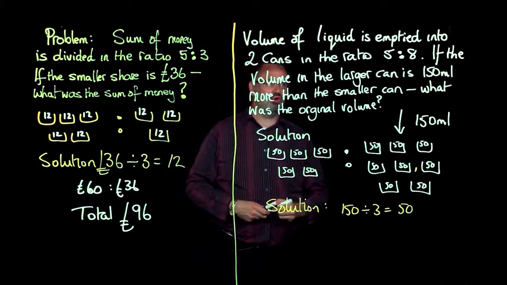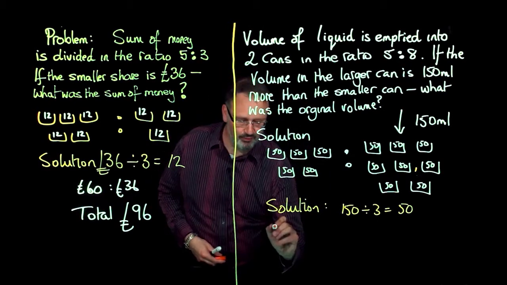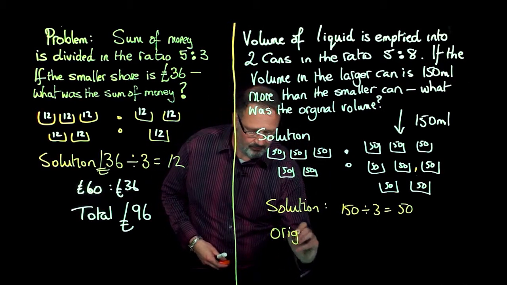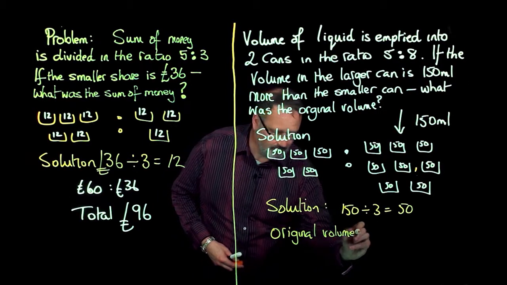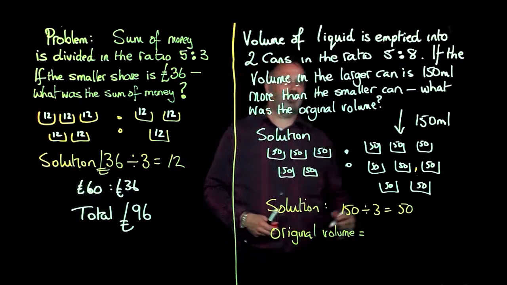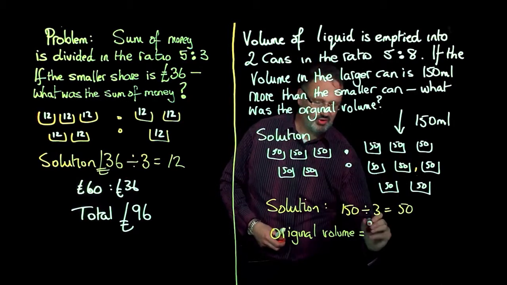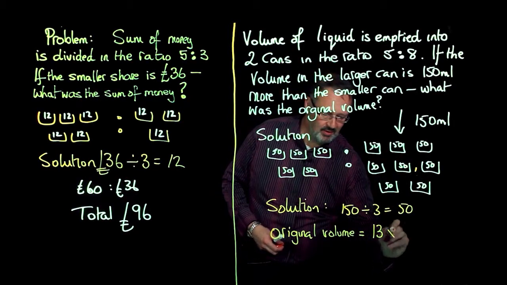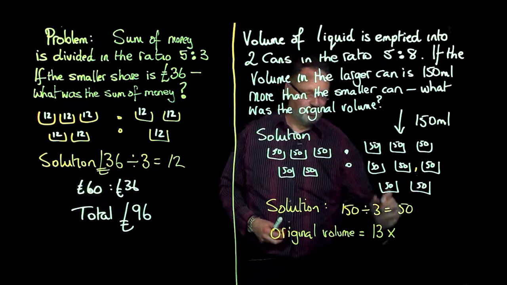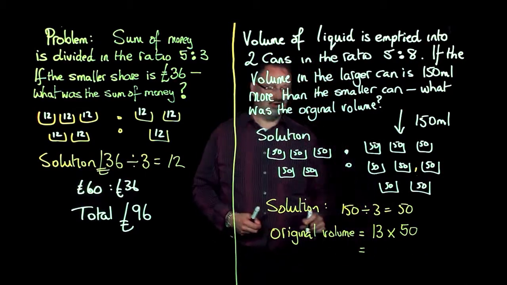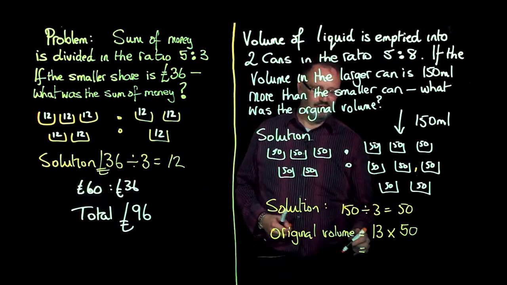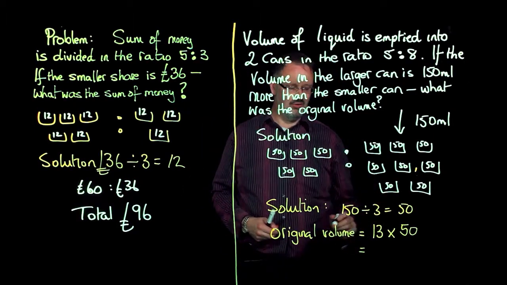And so my total volume, the original volume, is going to be the total number of shares. I have 5 plus 8, which is 13, times how much is in each of these little shares. That's 50. 13 times 50, well, 10 times 50 is 500. 3 times 50 is 150.